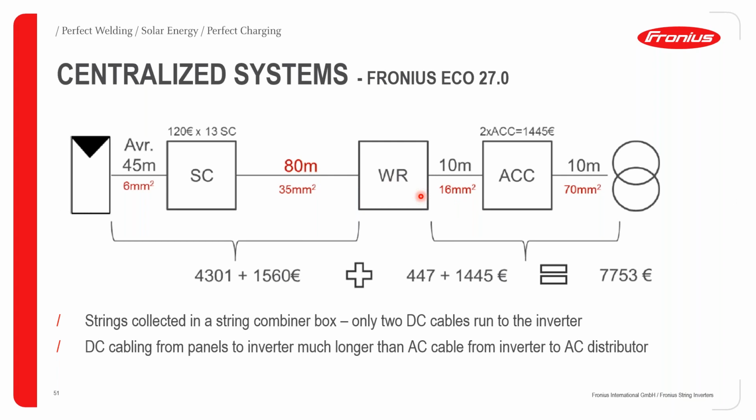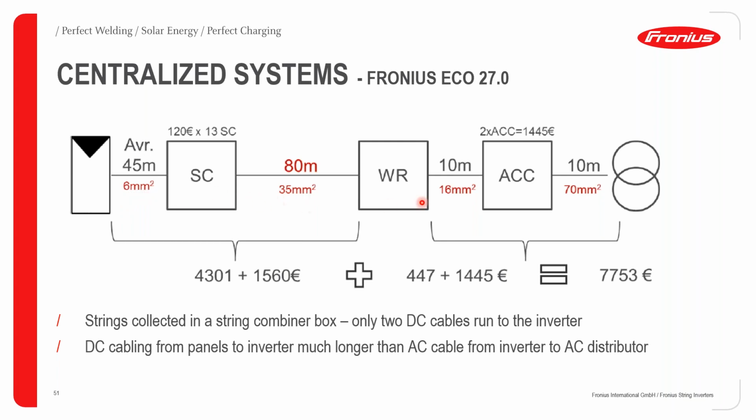Then from the inverter to the AC combiner boxes, we are covering that with 10 meters. And then from the combiner boxes on the AC side to the feeding point, we are going there with about 10 meters of cabling. The size of the cables that will be required is also indicated here. From the PV side, 6 millimeter square.